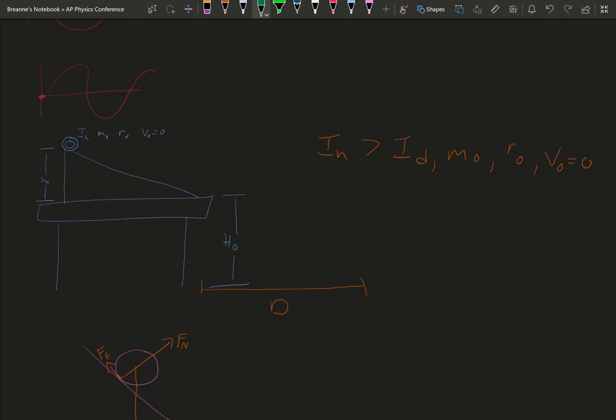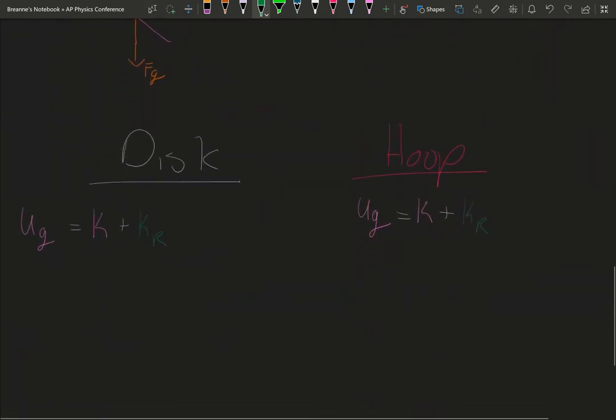So your hoop is going to have a bigger rotational kinetic energy. More of that energy is going to go into rotating it, because the disc is evenly transferred. Some of the mass is at the center of mass. The hoop, all the mass is away from the center of mass. So it takes more energy to make it rotate than it would the disc.